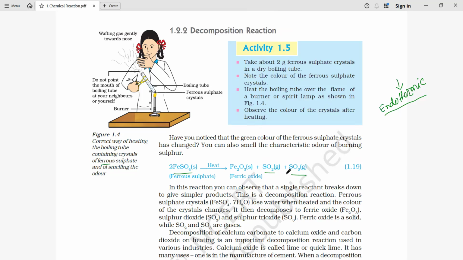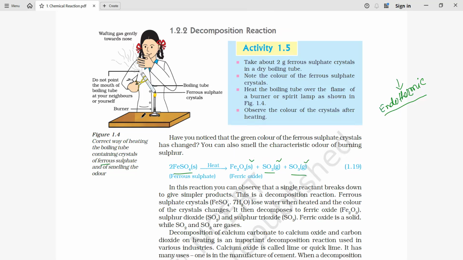So what we are seeing is a single substance FeSO4 broke into three substances: ferric oxide, sulfur dioxide and sulfur trioxide. और सल्फर डाइऑक्साइड और ट्राइऑक्साइड क्या है, गैसियस स्टेट में है, और फेरिक ऑक्साइड क्या है, सॉलिड स्टेट में.